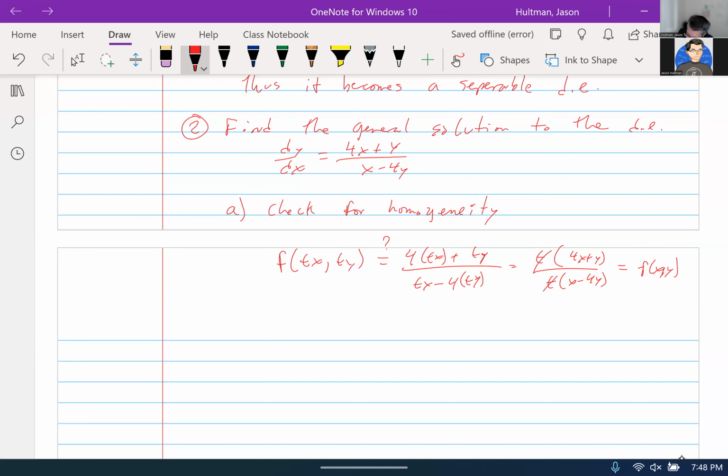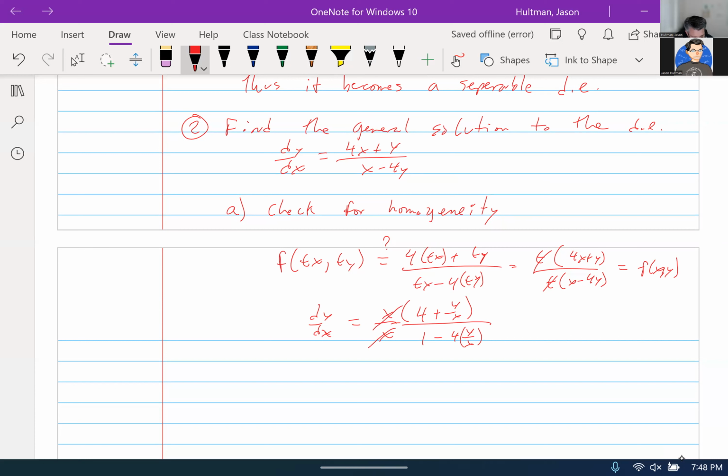So yes, that works. The other thing that we can see here is if I take dy dx and factor out an x on the top and bottom, I would be left with 4 plus y over x over 1 minus 4 y over x. And so the single variable here, in quotation marks, is just y over x.